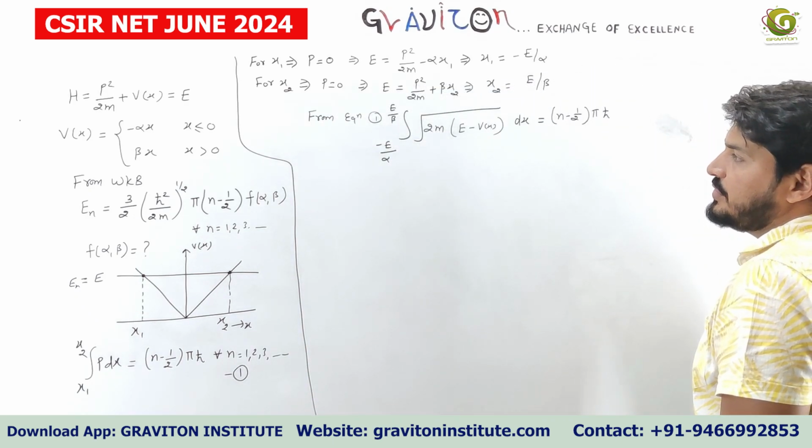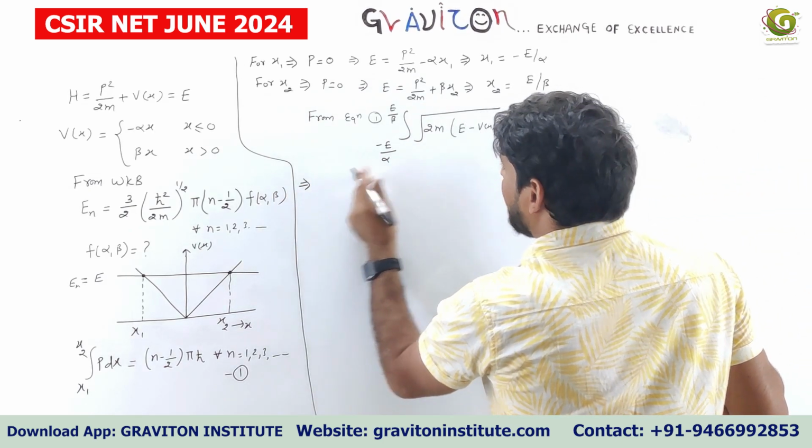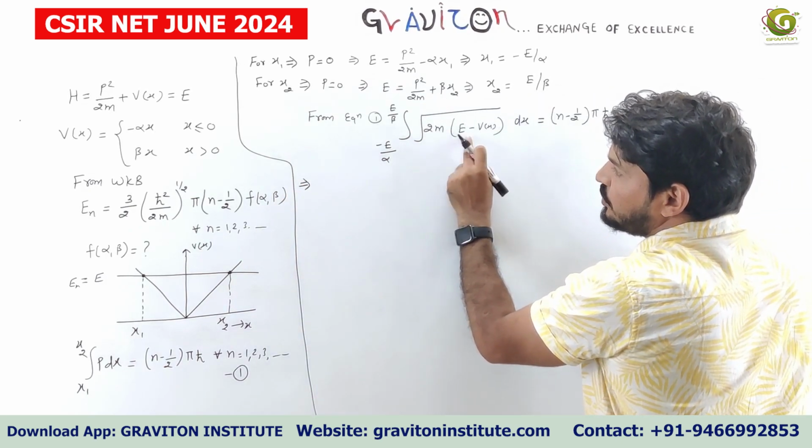Now what you can do, I can take under root 2mE common.